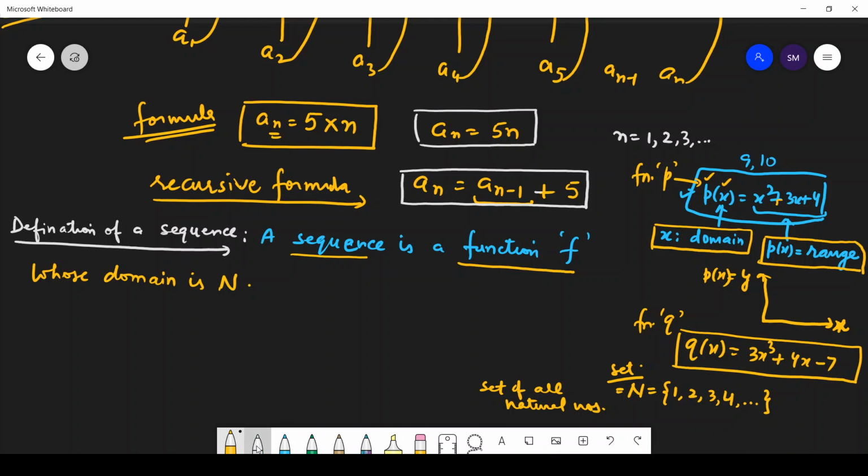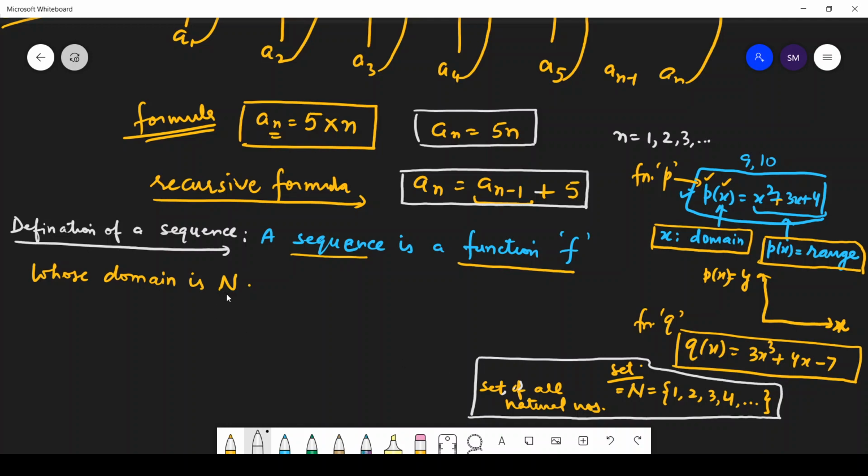So you have these three ways to say a particular thing. Students, in maths we have our mathematical language, and we would like to use more and more symbols to say what we want to say. So here capital N means this, the set of all natural numbers. Got it, students?